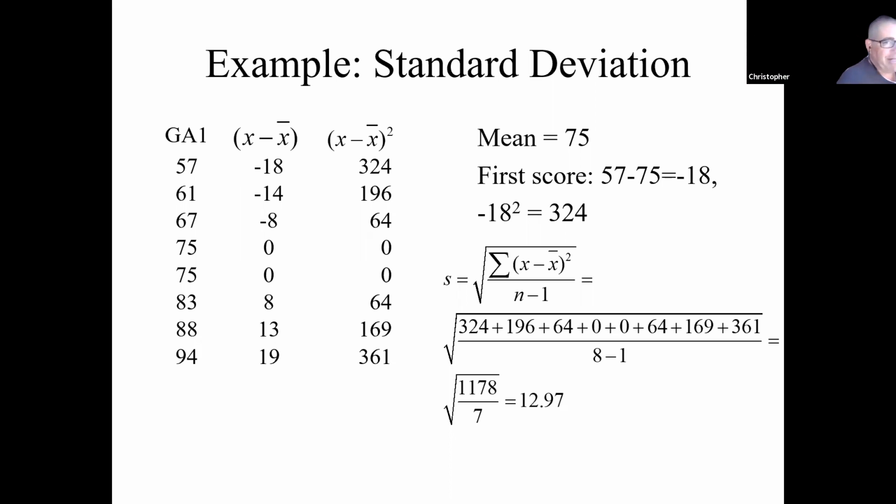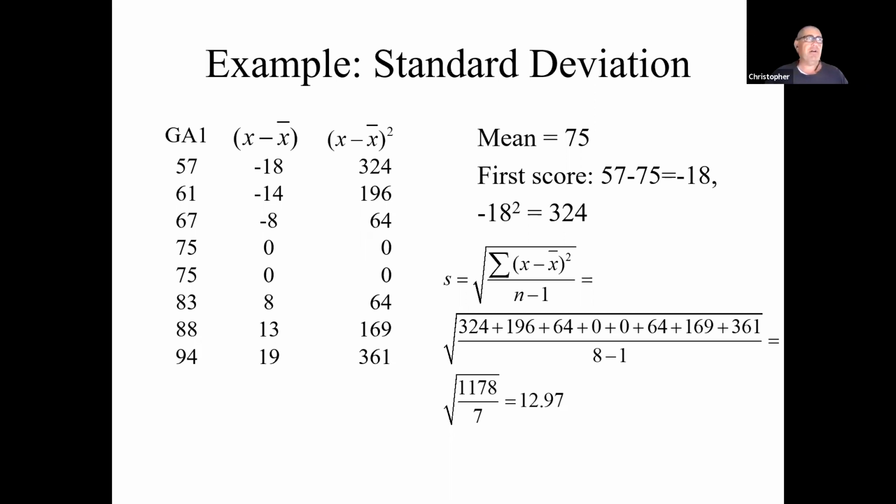Interestingly, if you look at the x minus x bar column, if you add that up, you're going to get negative 32, negative 40, plus 8, plus 13, plus 19. That ends up coming to 0, and that's not a coincidence.